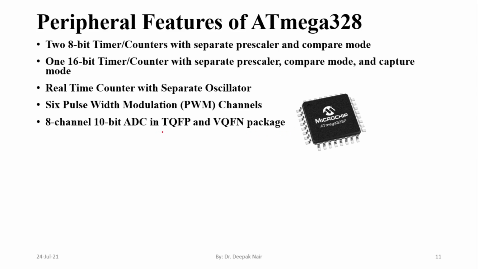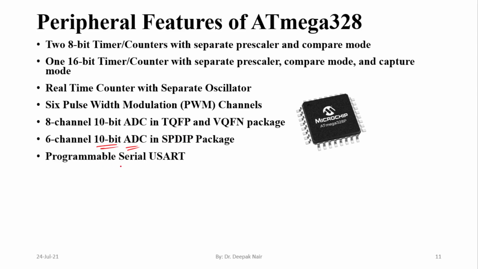Whereas TQFP microcontrollers don't need to be drilled. It can be directly soldered on top of the microcontroller board. So these are the two packages which are generally available for Atmega 328, and it has got 6 ADC pins.